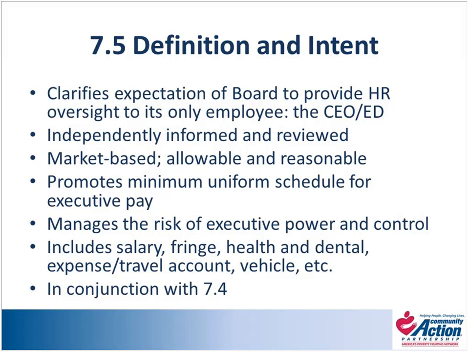And then in the 990, it asks you to describe the process. So it's going along with what is already being done through that 990 process, that it has to be backed up by market research, allowable and reasonable, that sort of thing. It has to be reviewed on that yearly basis.